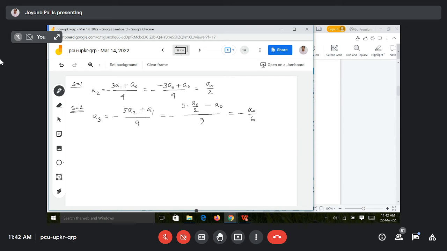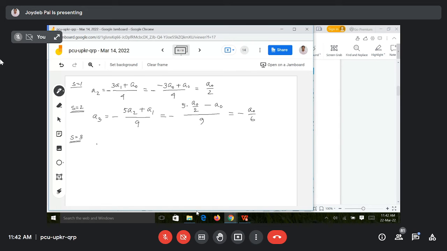So you can see it is coming in factorial form. It is factorial 2. It is factorial 3. Now let us see the next one to confirm whether it is exactly coming in factorial form or not. If for s is equal to 3 it is a0 by 24, okay, then I will be assured that it is coming in factorial form.